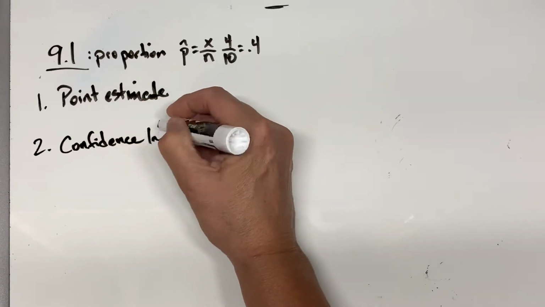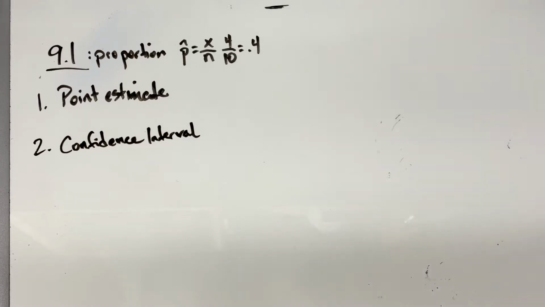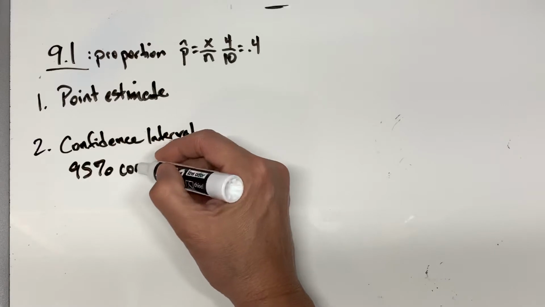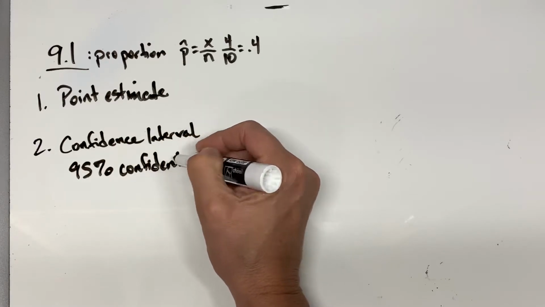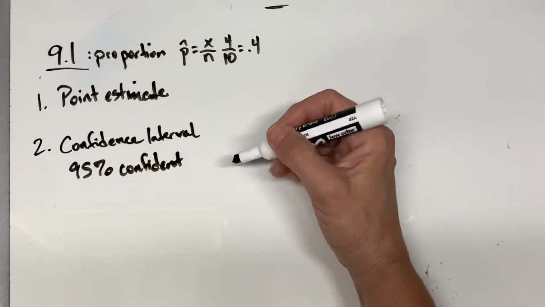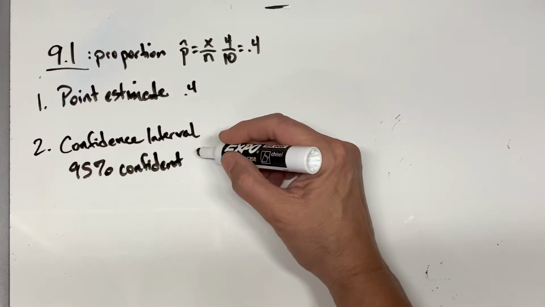For the confidence interval, we would say, I'm a certain percent confident, let's say 95% confident, that the proportion of purple Skittles in a bag is 0.4, which is our point estimate, but we would give an interval.